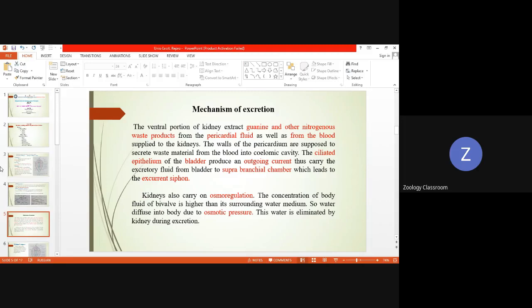But this is the case with freshwater organisms. And I gave you the example of marine water animals also last time. Exactly the opposite case happens with marine water animals, isn't it? The concentration of salt is higher in marine waters than in the body fluids. So what will happen here?